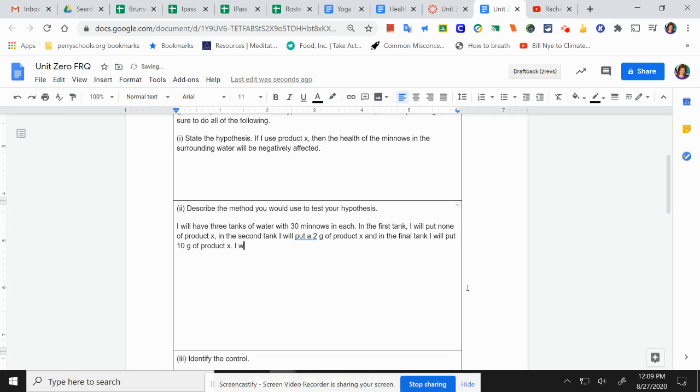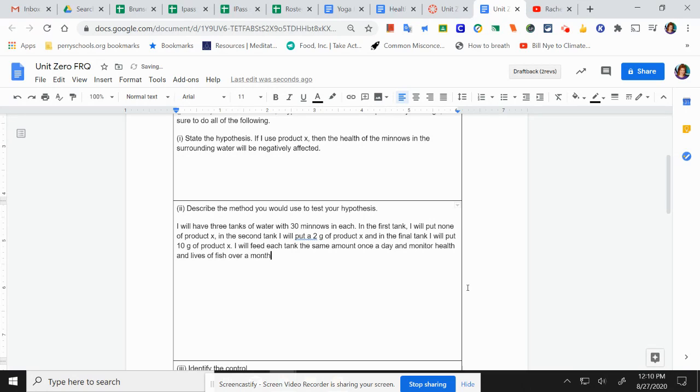I will feed each tank the same amount once a day and monitor health and lives of fish over, give it a decent amount of time, a month. Maybe they die right away, maybe it takes a minute.